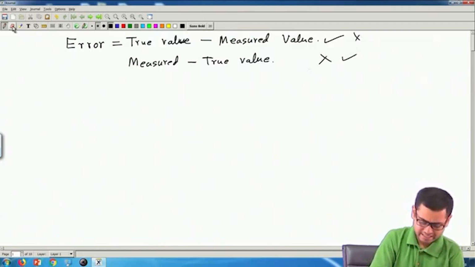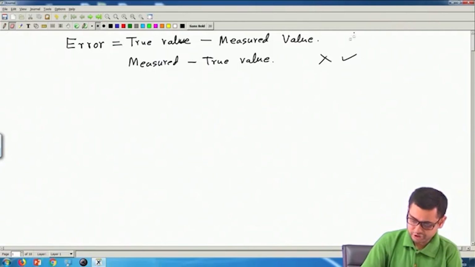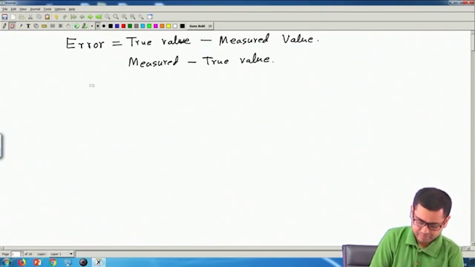It's not like that. In practice we use both definitions depending on the situation. Either is okay, and if you do not bother about the sign, you can just put a mod, the mod of true value minus measured value.